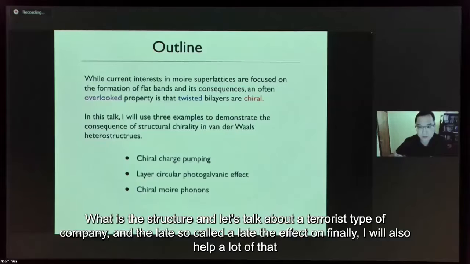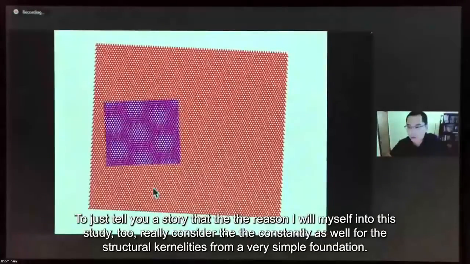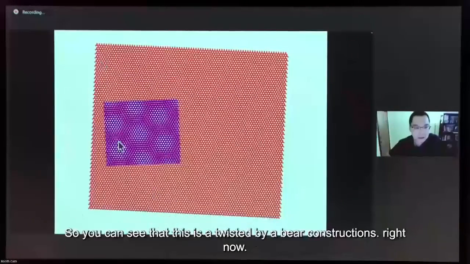So to tell you a story, the reason I drew myself into this study to consider the consequence of the structural chirality is from a very simple observation. You can see that this is a twisted bilayer with honeycomb structures.